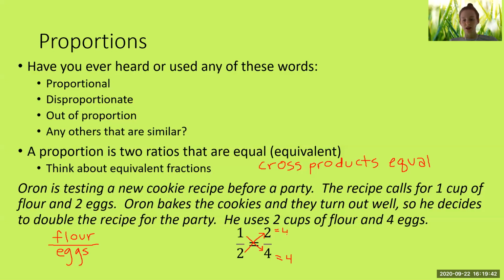Another way I could write this out is I could say, well, 1 times 4 is equal to 2 times 2. Right, 1 times 4 is equal to 2 times 2. Those two cross products, they give you the same result. Right, we would end up with 4 equals 4.